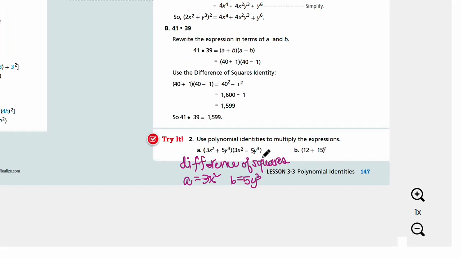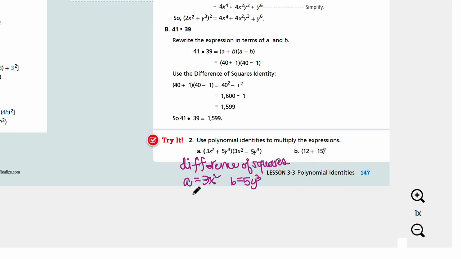Okay, let me zoom out a little bit and see if my pen works better. And we know that a plus b times a minus b is equal to a squared minus b squared. So this is the a plus b times a minus b, and we know this is going to be equal to a squared minus b squared.